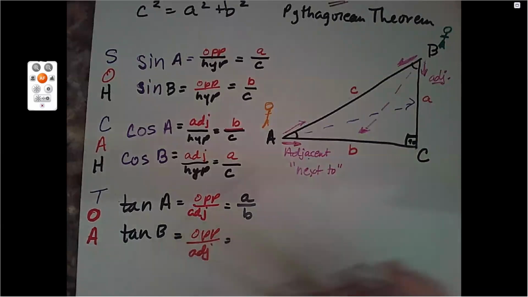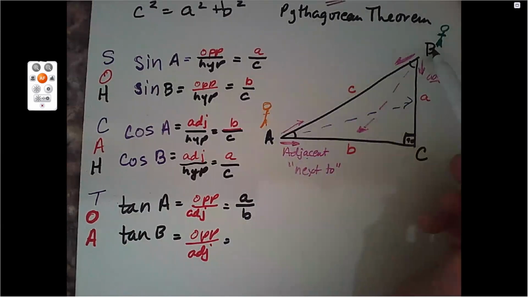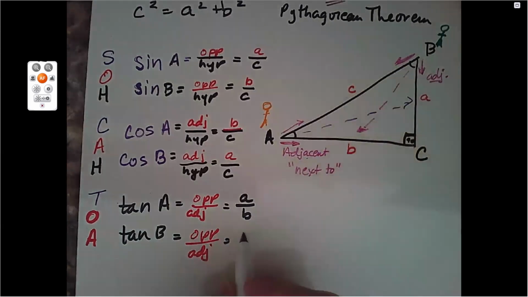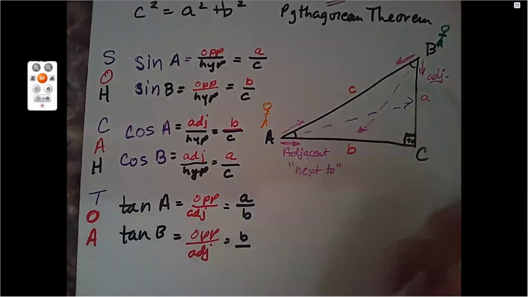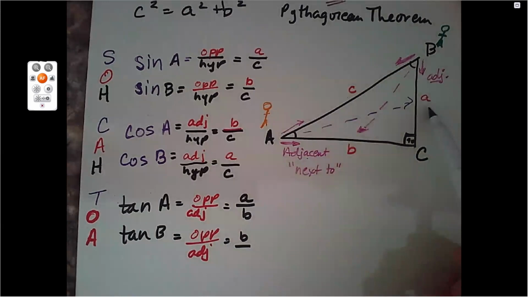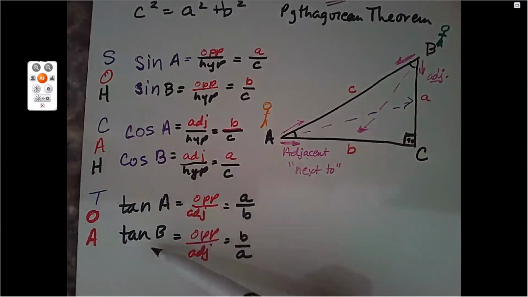So we go up to our little green stick figure. And opposite B is little b, so that goes on the top. Adjacent to angle B is little a. So you see the only difference between tangent A and tangent B is that one is the inverse of the other.